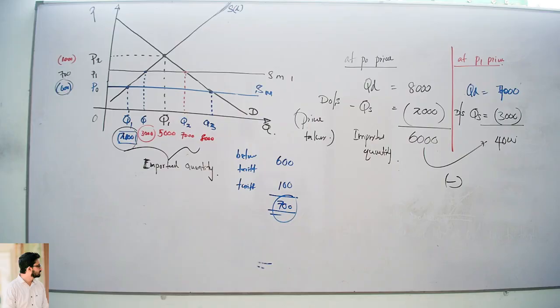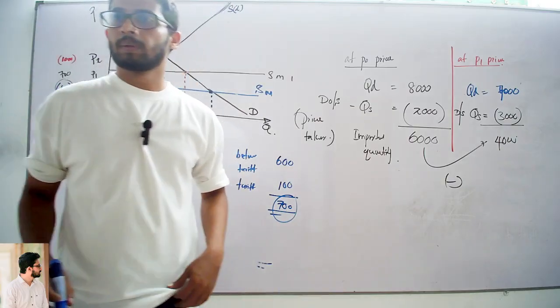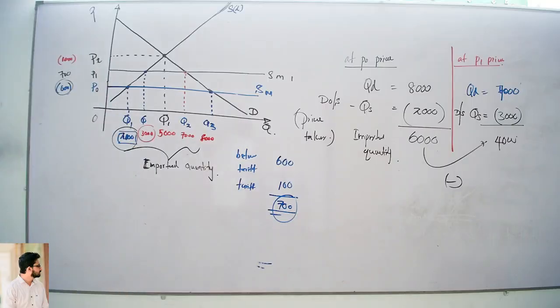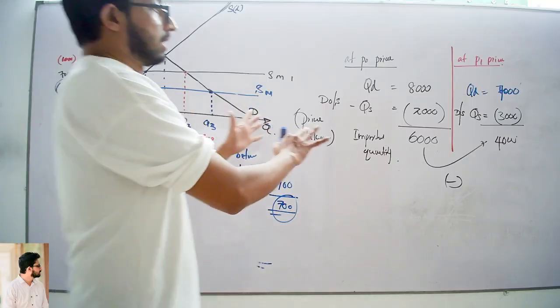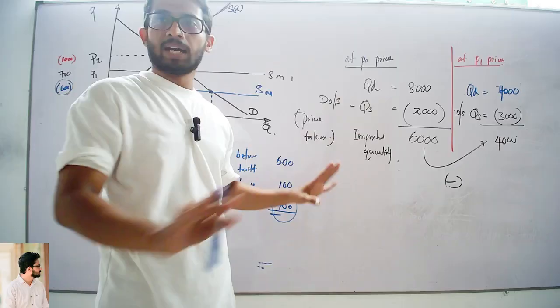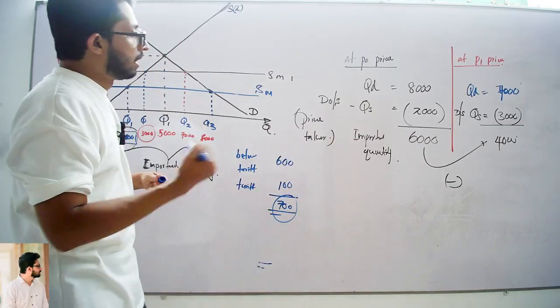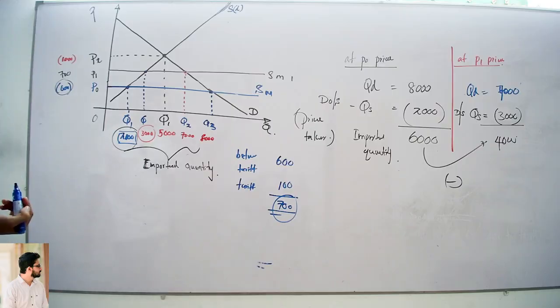No issue, right? Then Buddha, you can draw this diagram. Draw the diagram and write down this working next to the diagram. Imported quantity from 6,000.